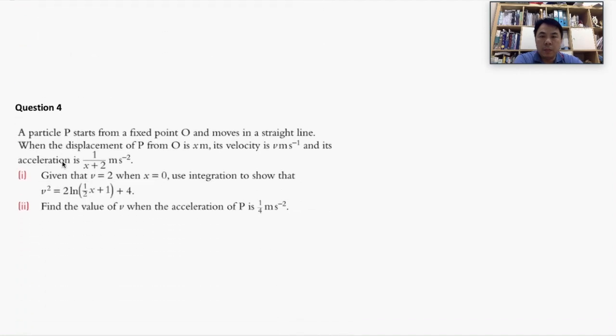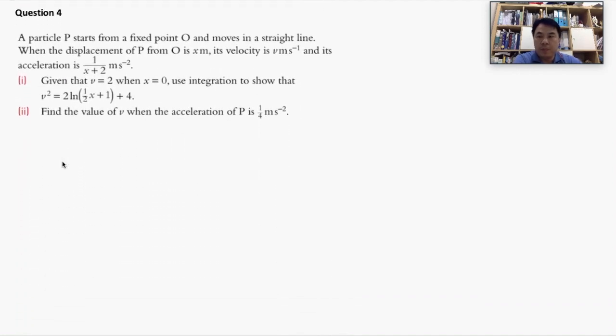Okay. Question 4. Right, question 4. A particle P starts from a fixed point O and moves in a straight line. When the displacement of P from O is x, its velocity is v, and its acceleration is given as such. Okay, as usual, illustrate the mechanics information.